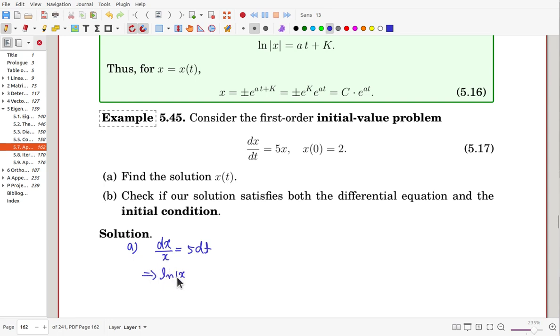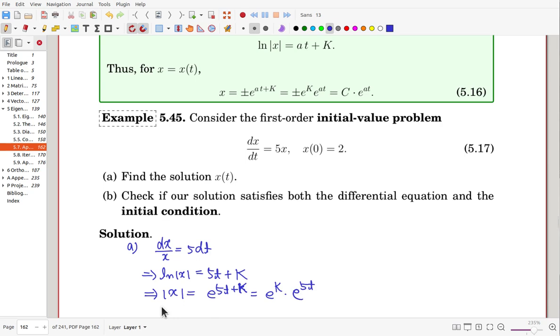It gives logarithm of absolute value of x, and right side is 5t plus some constant. Now we apply the exponential function, then the absolute value of x is the same as e to the 5t plus k, which is capital K, the same as e to the k constant times e to the 5t.